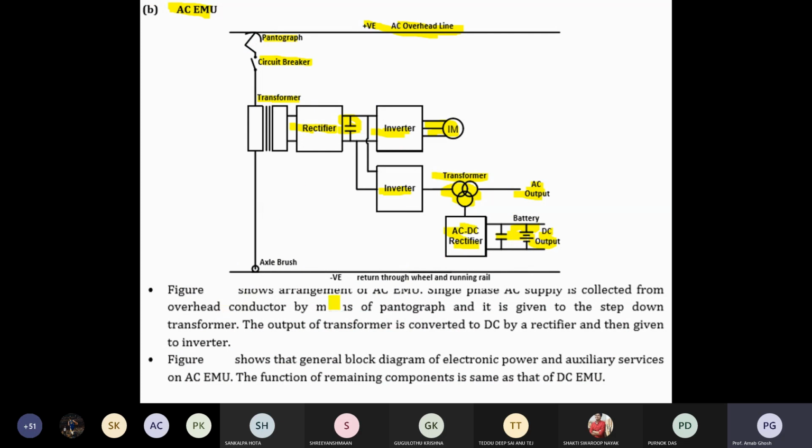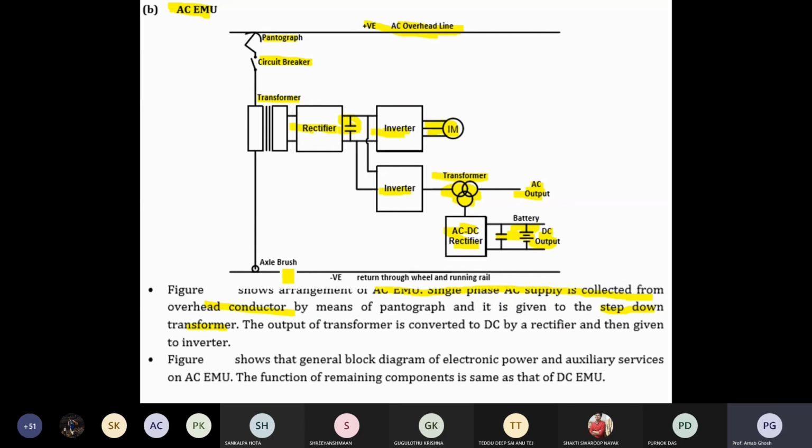So that figure shows the arrangement of the AC EMU. Single phase AC supply is collected from the overhead conductor. So the overhead conductor is AC. By means of the pantograph, it is given to the step down transformer. Basically your input is 25 kV and you are using maybe 400 volts, maybe 230 volts.